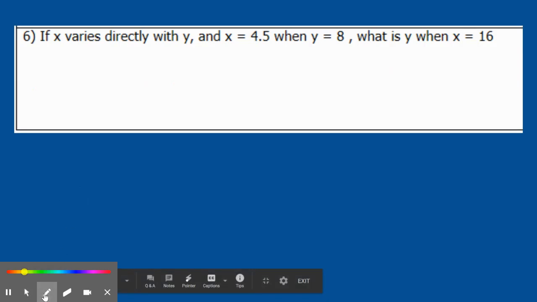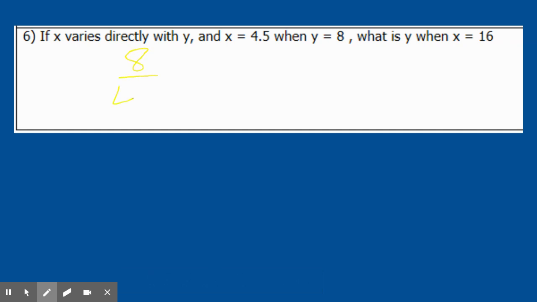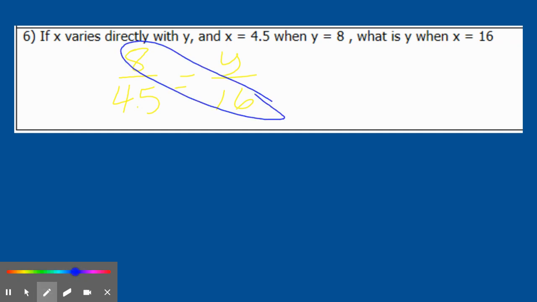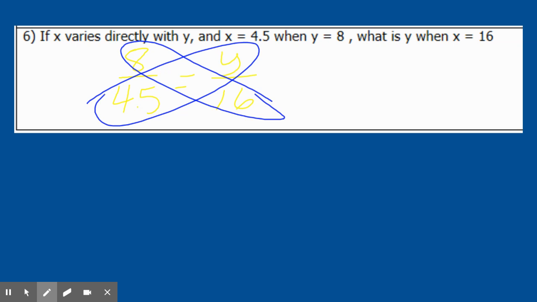Okay, so let's try another one. So we have, it varies directly, so that means it's proportional. So we're going to do y of 8 over x of 4.5 equals y, we don't know, over x, which they gave us 16. Again, we are going to go ahead and multiply diagonally, cross multiply.